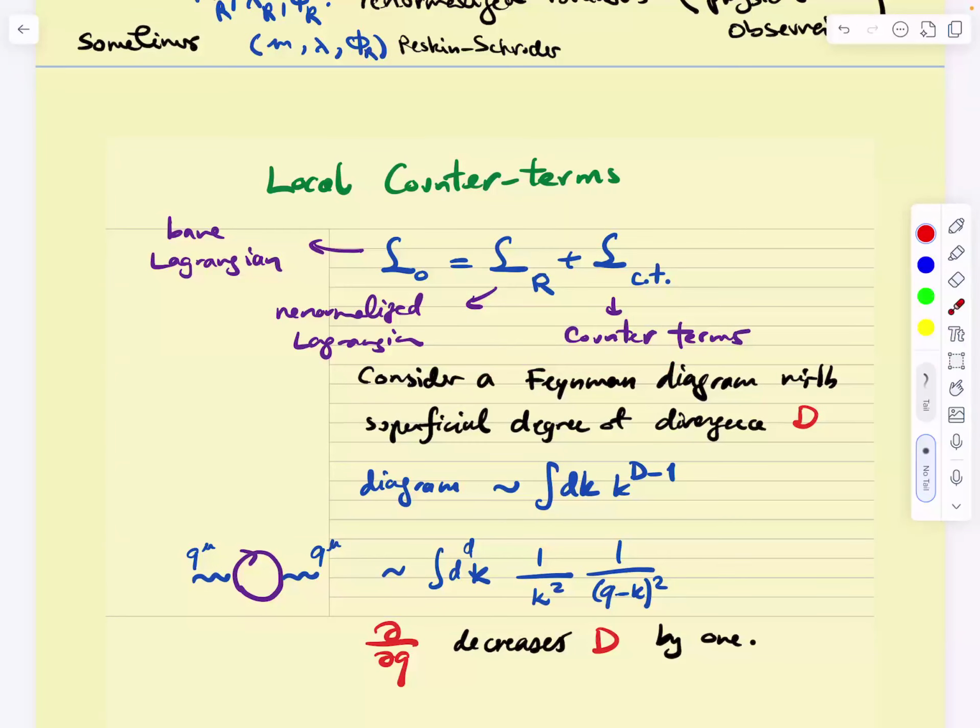Consider a Feynman diagram with a superficial degree of divergence, capital D. That means that schematically, it involves an integral, which is dk, k to the power of d minus 1, with a bunch of other stuff. For example, if you have a vacuum polarization, in these spatial dimensions it is the integral of dk, 1 over k squared, that has to do with this propagator, and then 1 over q minus k squared, that has to do with this propagator.